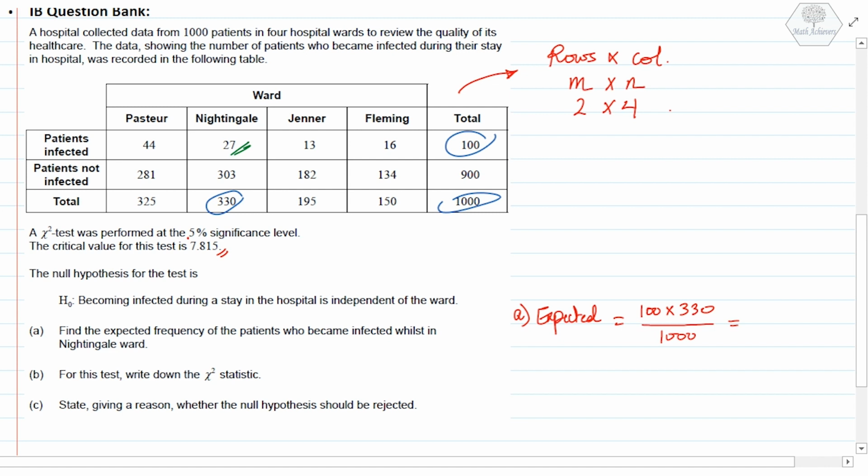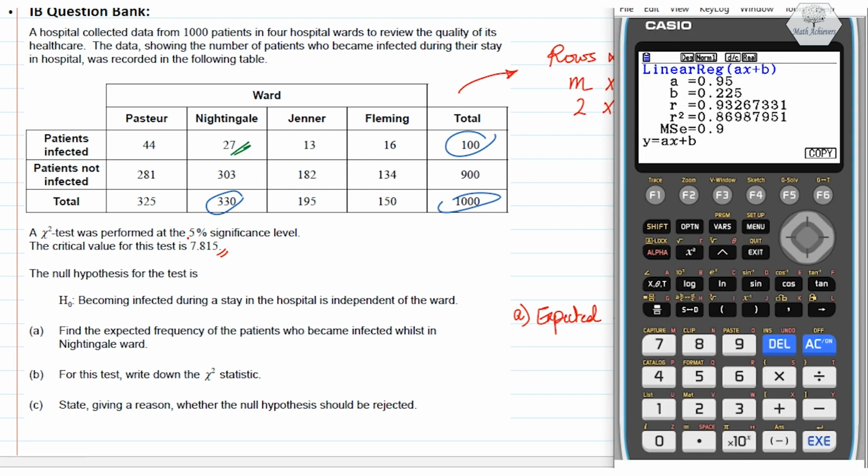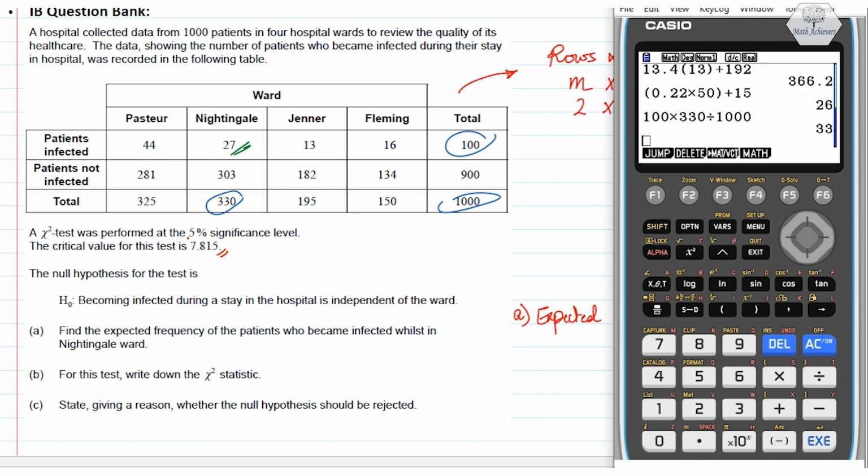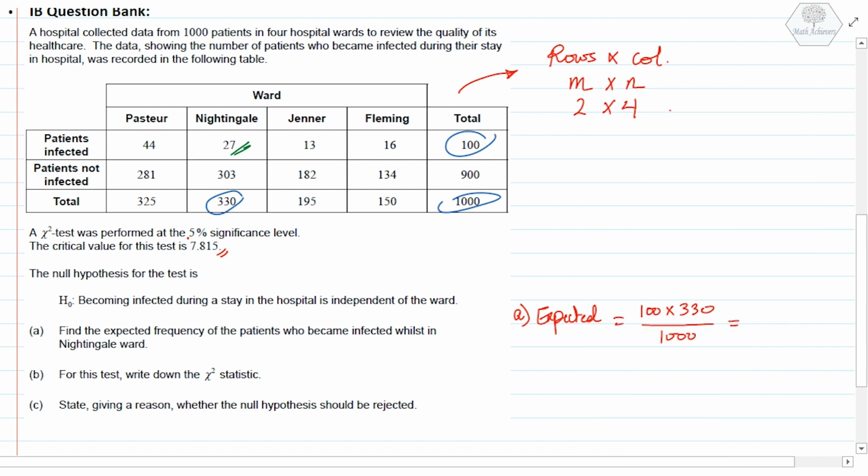I go to my calculator: 100 times 330 divided by 1,000 is equal to 33. So this value is 33.